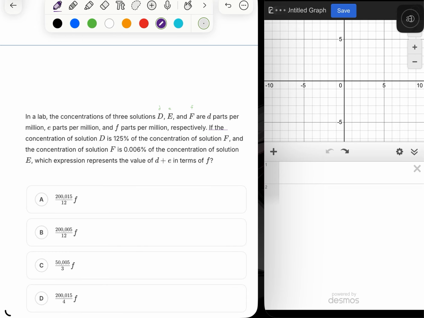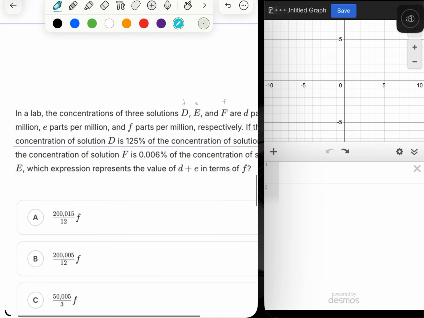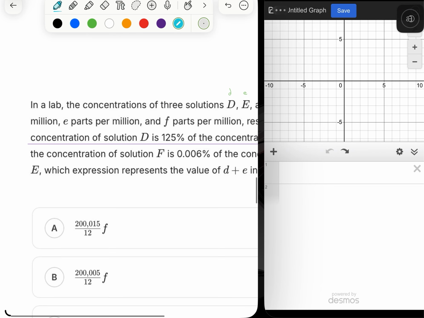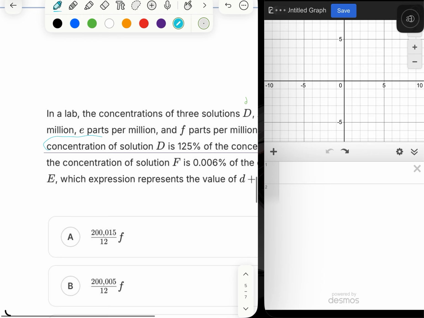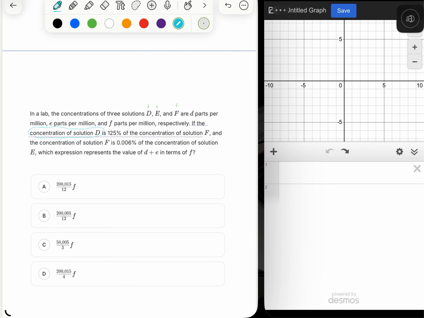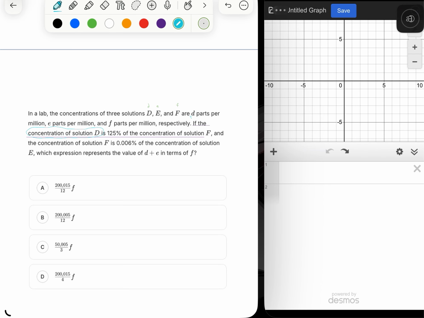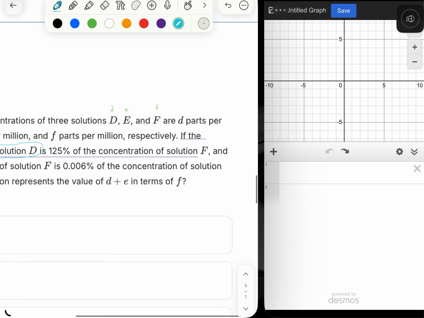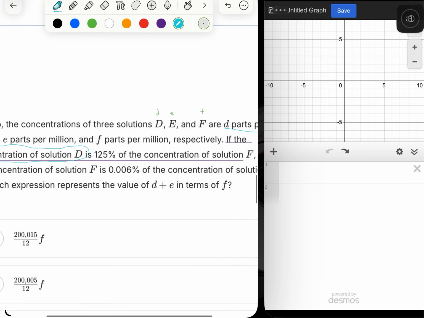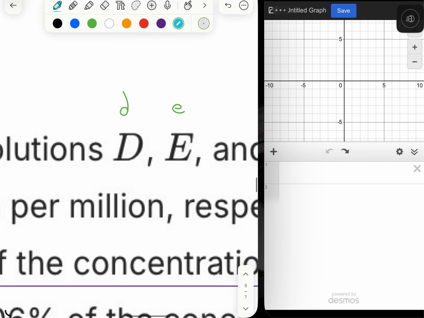If the concentration of solution D is 125% of the concentration of solution F, how do I translate that into a mathematical statement? Well, concentration of solution D, we already know that. That's D. The problem tells us that the concentration for D was D parts per million, and that's why I wrote the variable in the first place.